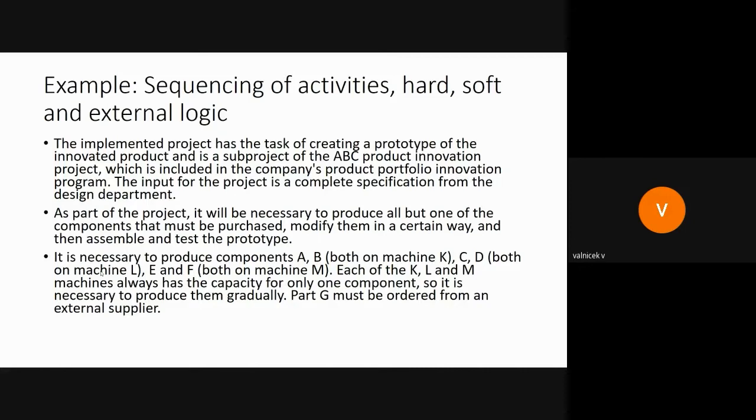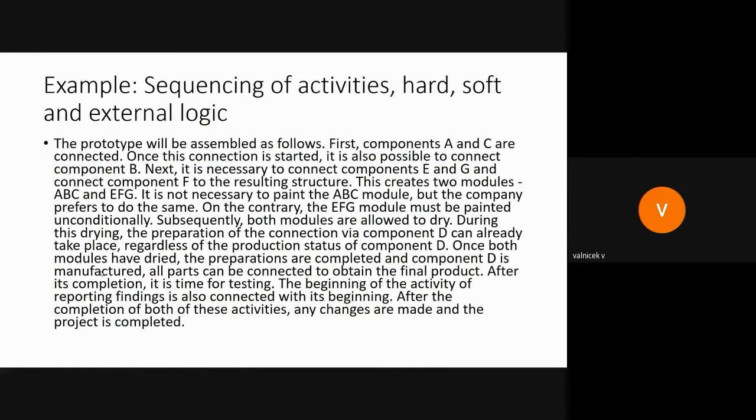It is necessary to produce components A, B, both on machine K, C, D, both on machine L, E, and F, both on machine M. Each of the K, L, and M machines always has the capacity for only one component, so it is necessary to produce them gradually. Part G must be ordered from an external supplier.